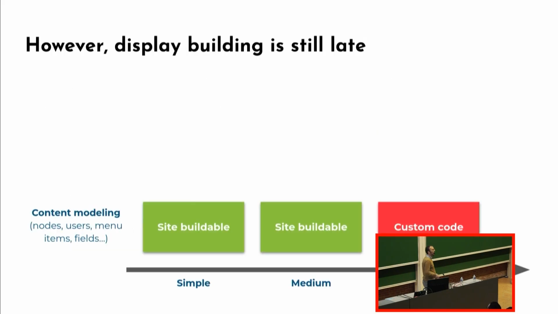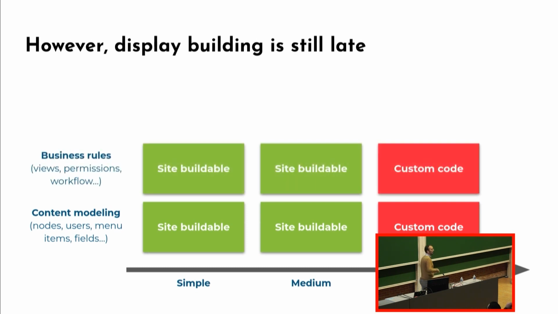So today, our Drupal core experience is not as good for display building as for the other layers. Content modeling is great. You can do so much before going custom and making your own field type, for example.